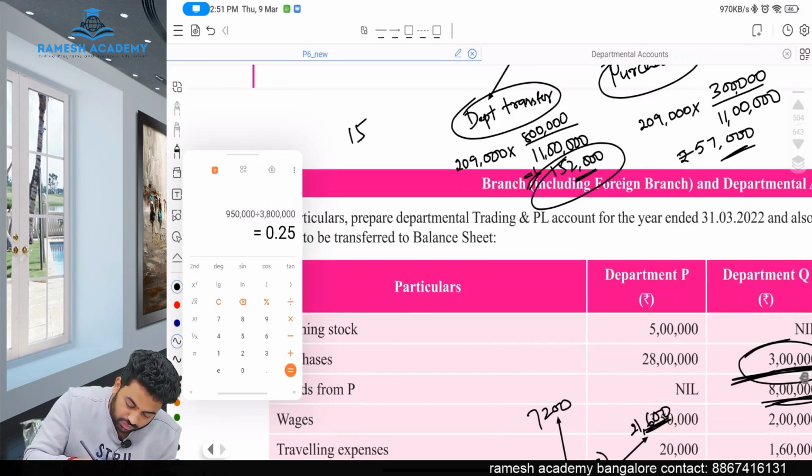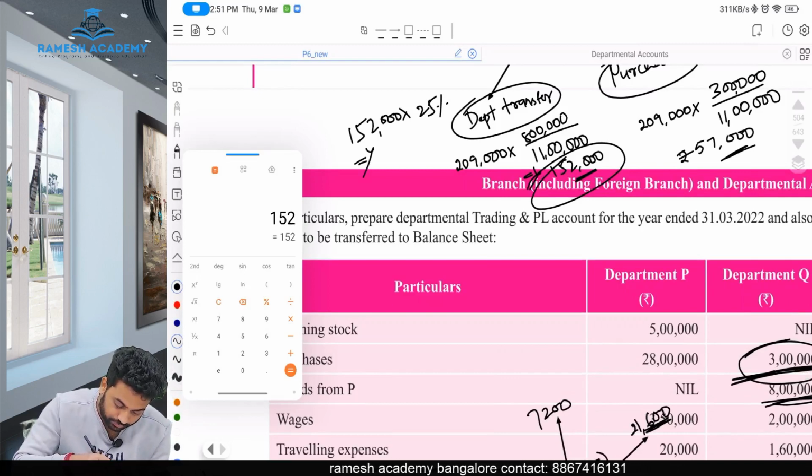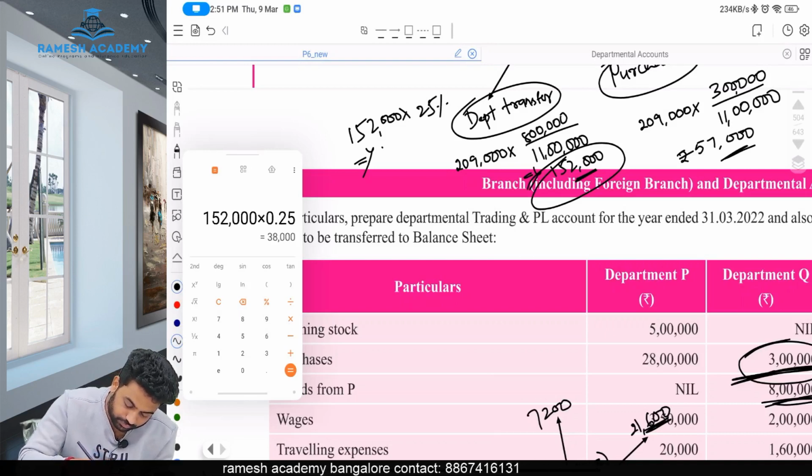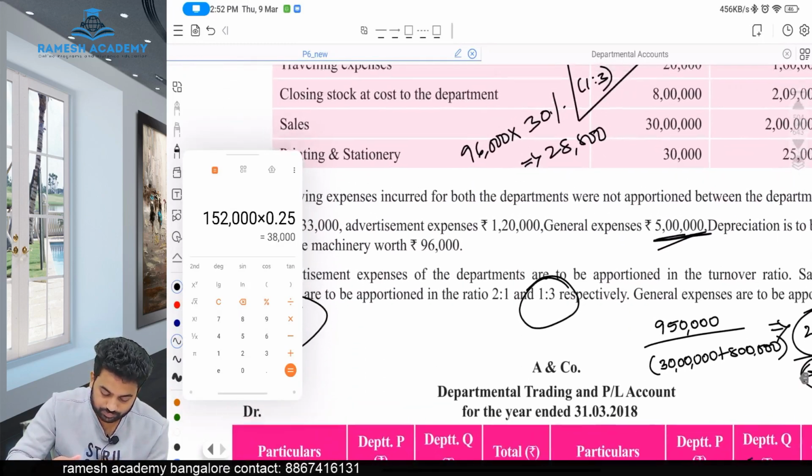Out of 152,000, 25% is the unrealized profit. Stock reserve for so much portion is Rupees 38,000.